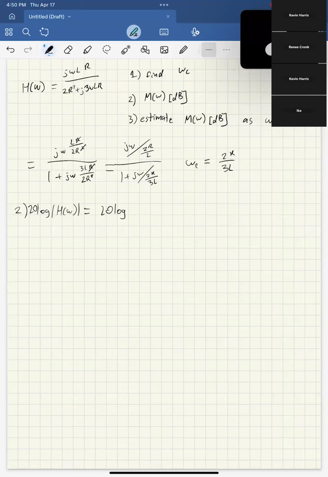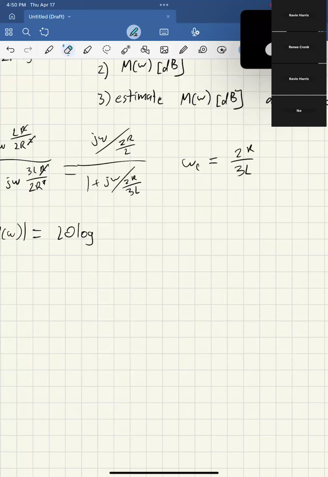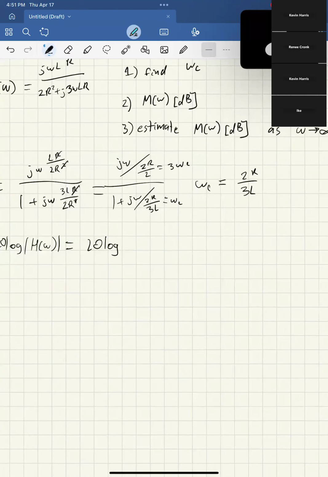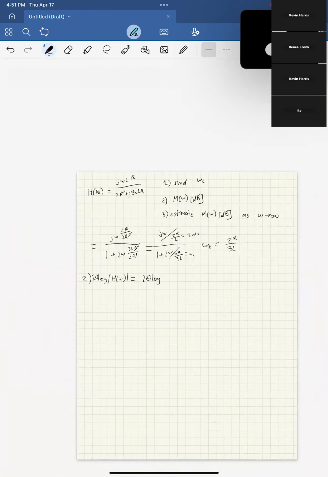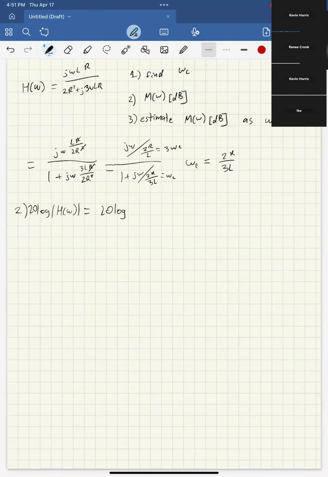Oh, okay, I guess the way you actually write this is, this is 3 omega c and this is omega c. Okay, sure, I guess that kind of makes sense. This part of the class is all notation. If you show that you know what you're doing enough, you'll be fine.